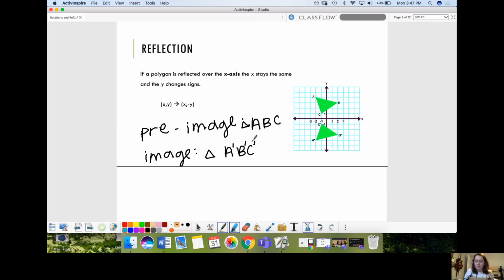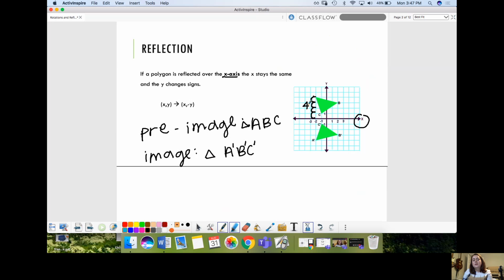And what's important with reflections is we make sure that the points are the same distance from the line of reflection. So in this case, we're reflecting over the x-axis. So we're reflecting over this axis right here. And so we want to make sure that A is the same distance or the same number of blocks from the x-axis as A prime.